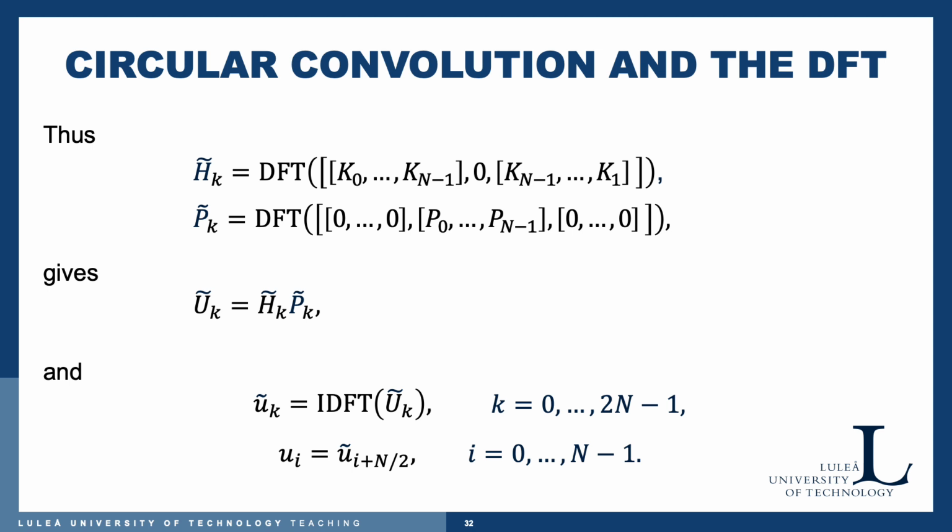In MATLAB we will do that pointwise, of course, and then we can compute the extended deformation u tilde k by taking the inverse Fourier transformation, and then we evaluate the extended deformation in the values I plus n half for I equals 0 to n minus 1 to obtain the real deformation.